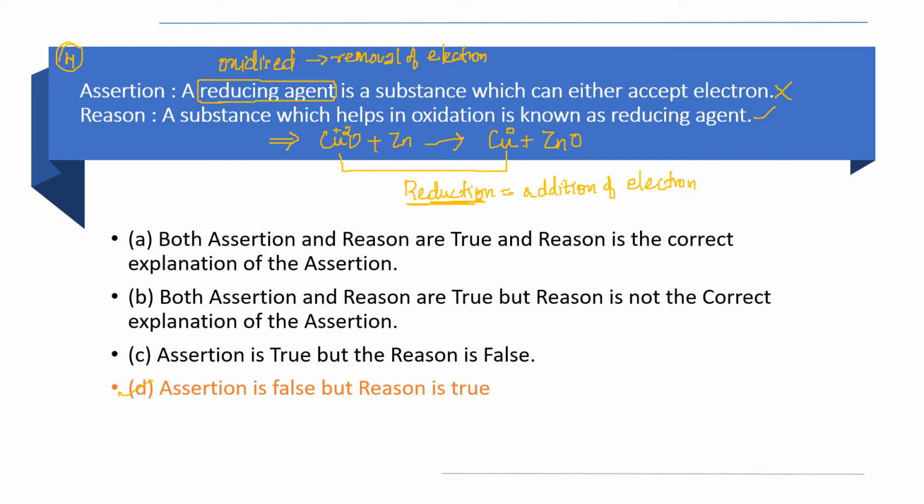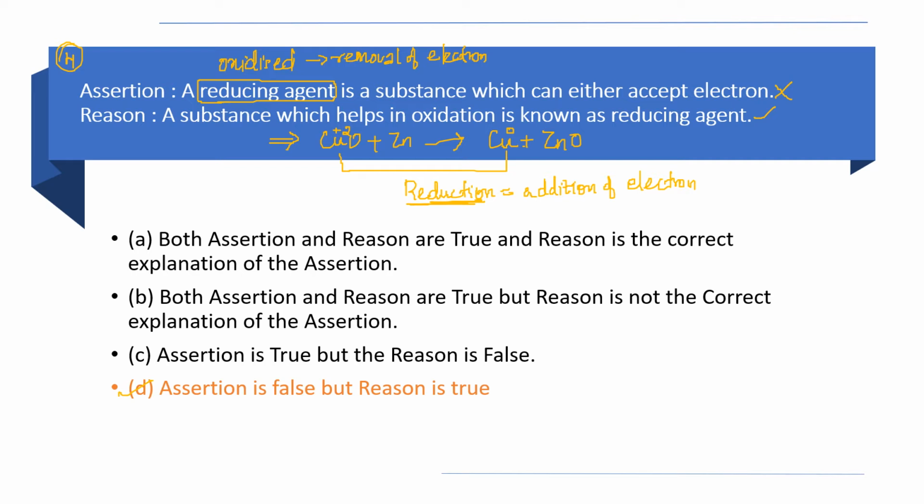And now look at the oxidation state. Cu in copper oxide is in plus 2 oxidation state, and in copper it is in 0 oxidation state. Plus 2 means lack of 2 electrons, or 2 electrons are deficient in CuO.